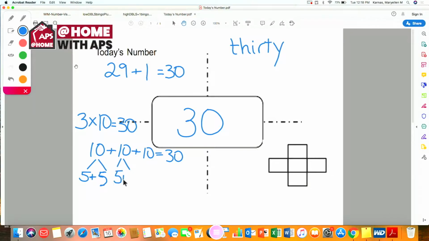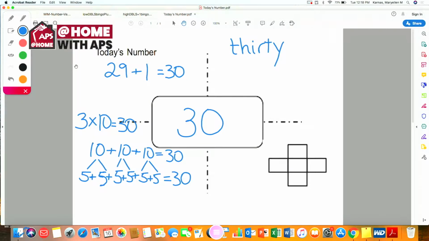Another 5 plus 5. 5 plus 5, breaking our 10s apart, right? And if we add up all of our 5s, 5, 10, 15, 20, 25, 30, we still get 30.